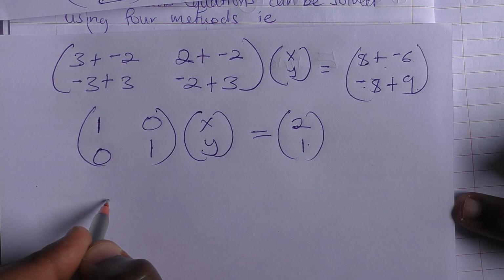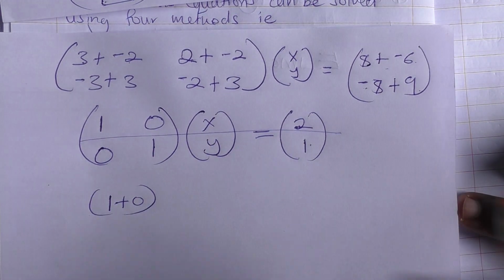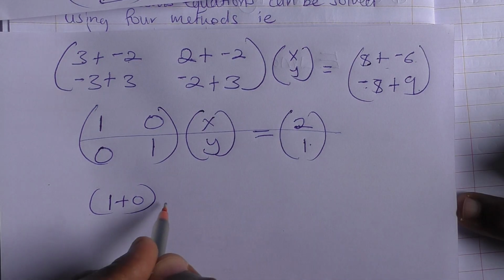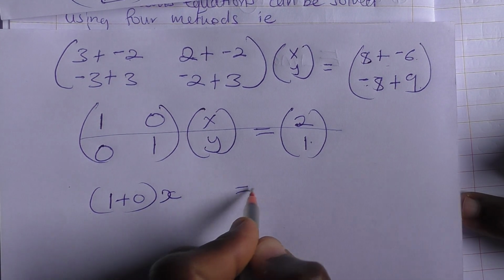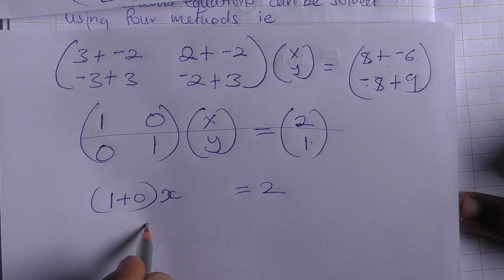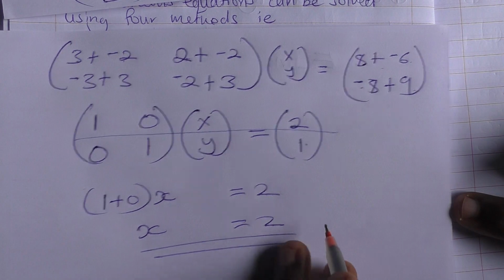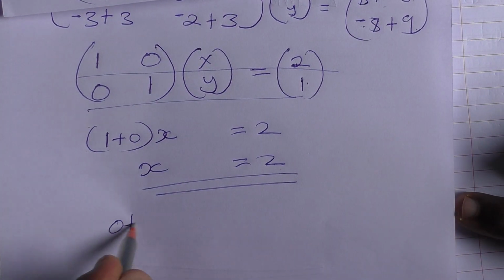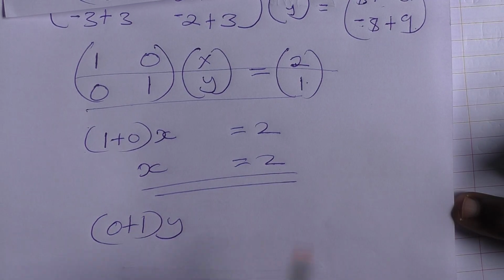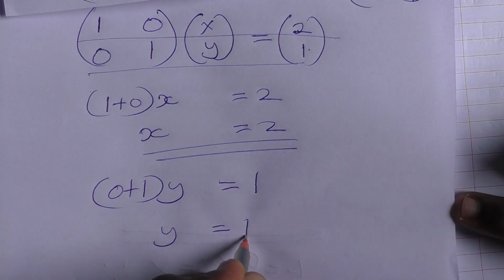So that is 1 plus 0. We are dealing with the upper row. 1 plus 0 into x equaling 2. Hence that is 1x equaling 2. We come down, that is 0 plus 1 times y equaling 1. It gives us y as 1.